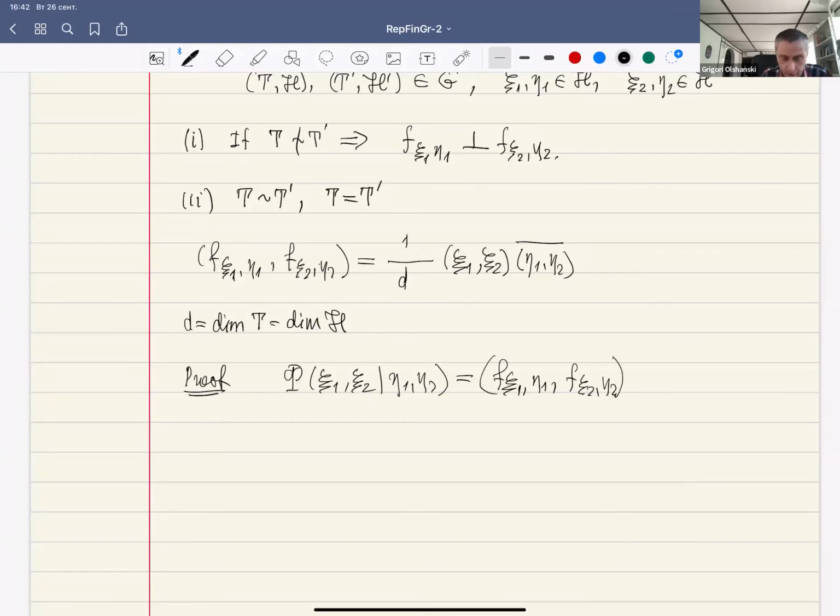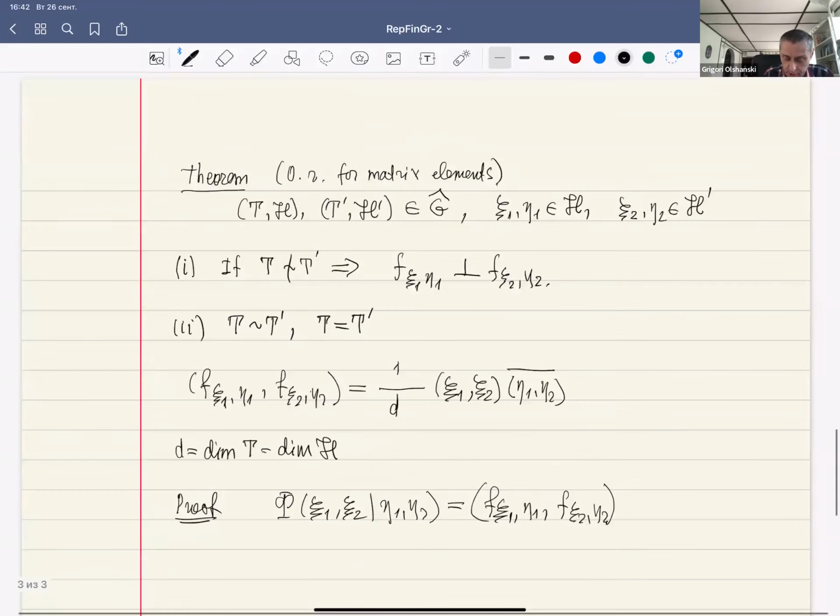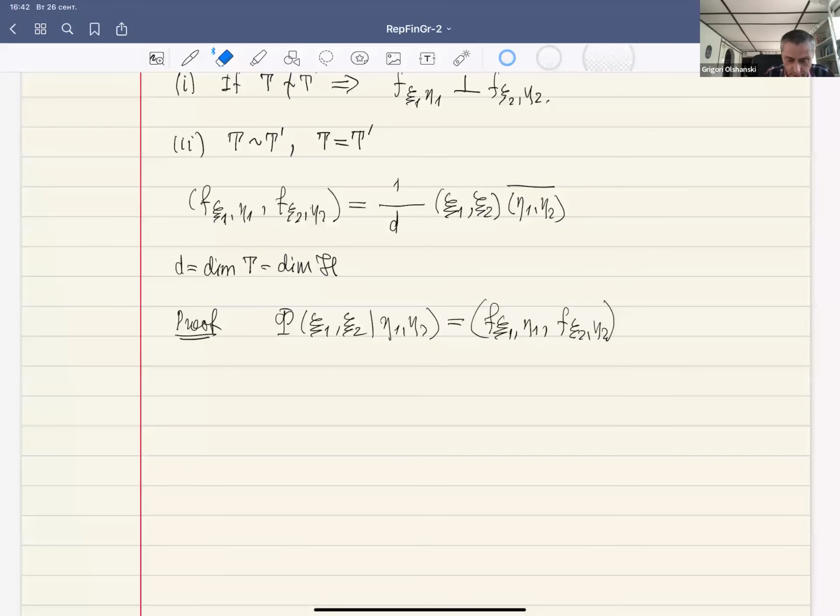So this is the scalar product, and the formula is written here. I'm sorry for repeating, but maybe it's better to reproduce it again to make the proof easier.